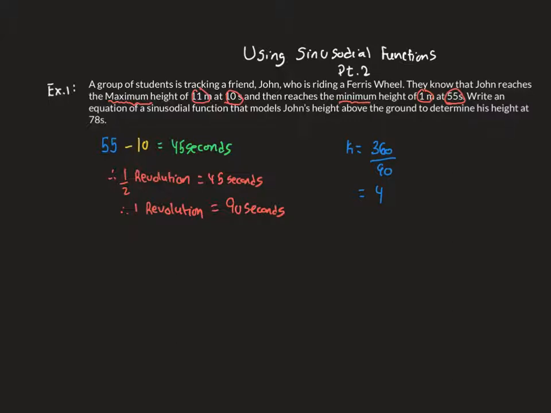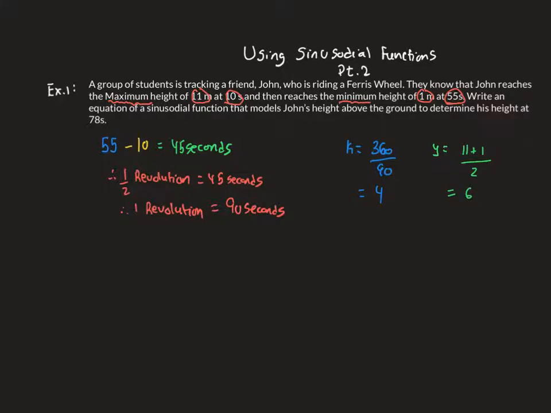Okay, and now remember to get your amplitude, let's find our axis first. We have our max, we have our min. So y is equal to max plus min, divided by 2. My maximum height was 11, my min was 1, divided by 2 gives me 6.